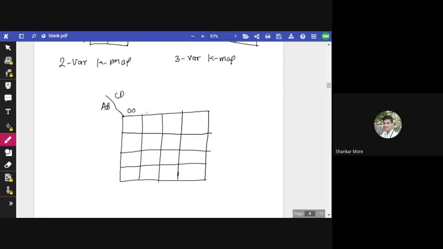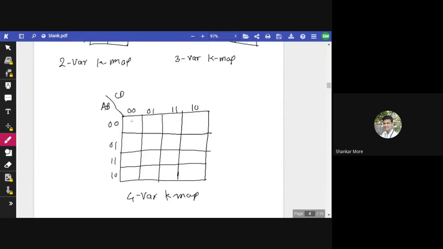So 0 0, 0 1, 1 1, 1 0 and 0 0, 0 1, 1 1, 1 0. Okay, so we are going to remember this only. C can be the MSB. Okay, great. So this is the four variable K-map, guys.